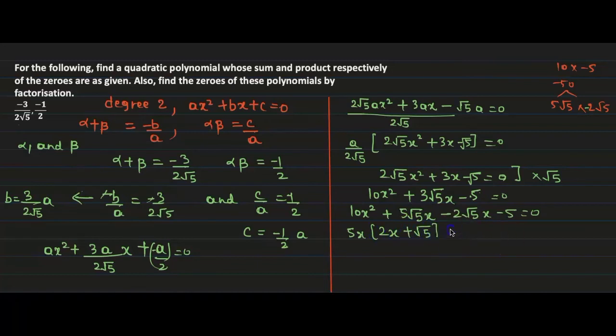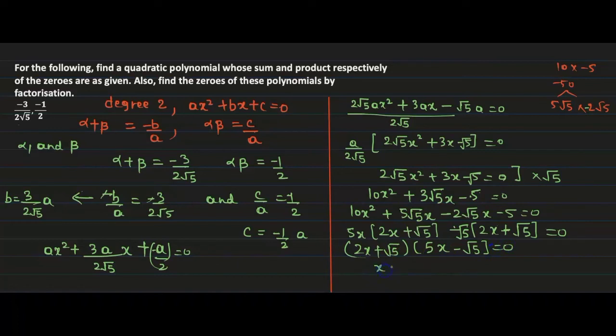In the second term, if I take minus root 5 common, I will be getting 2x plus root 5, because I took minus common, it should be plus, right? So I can say that 2x plus root 5 into 5x minus root 5 should be equal to 0.